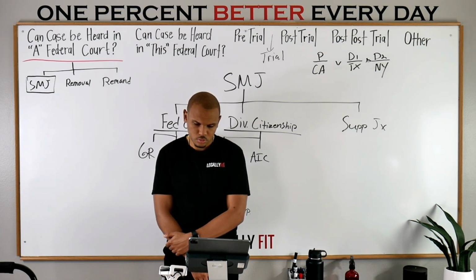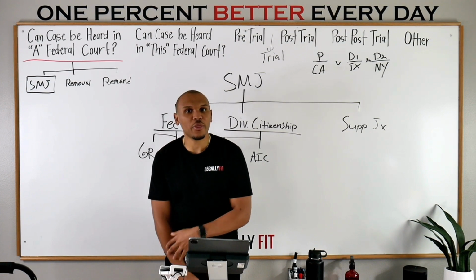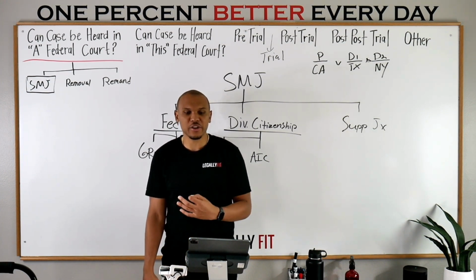State of incorporation and principal place of business, the new nerve center test. A corporation's principal place of business is wherever their corporate activities are coordinated, typically the state in which the headquarters is located. All right, make sure you're seeing what that rule for principal place of business actually requires.